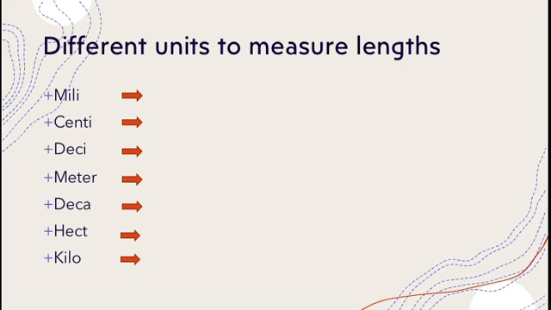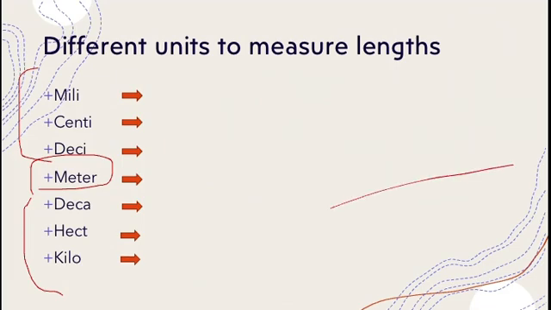In this you can see that meter is at the center, and above meter there are 3 units, and below meter there are 3 units, starting from millimeter to kilometer. To understand this, we have shortened the names.